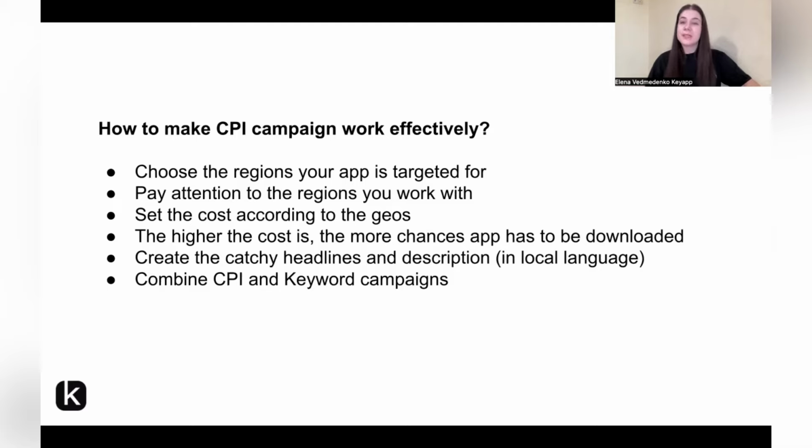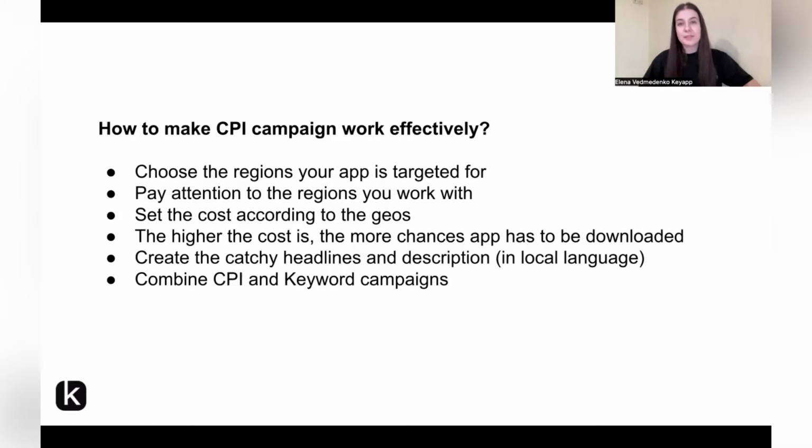Of course, pay attention to the regions you work with when you set the budgets, because most probably when you set 5 cents per install for the United States, there will be no downloads because it's too low for this country. But still, set the cost according to the countries you work with.